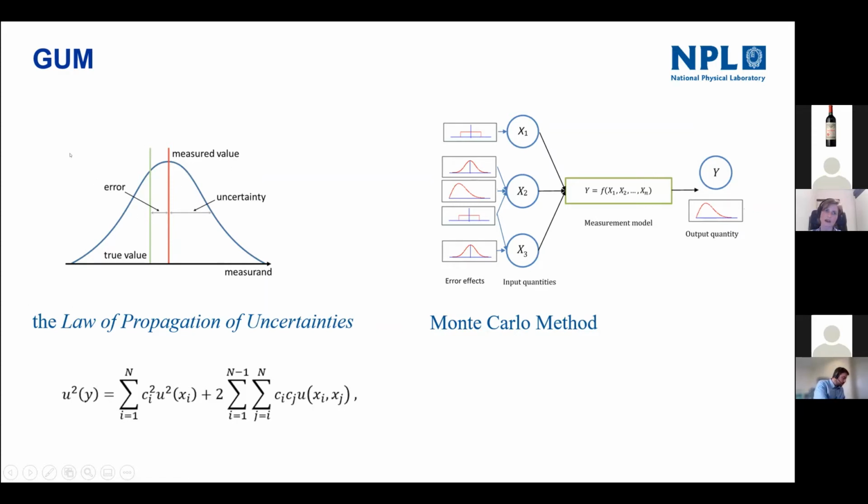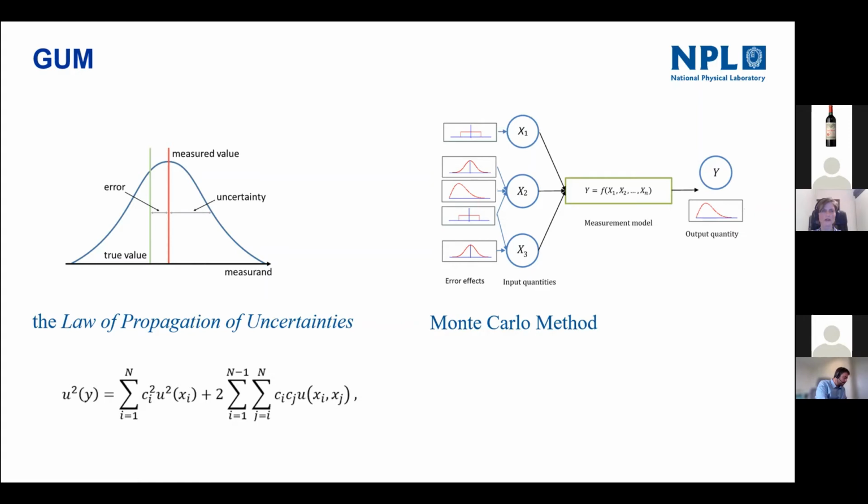And in the GUM, we have the law of propagation of uncertainties, which is defined by this equation, where the c components are called sensitivity coefficients, and they are basically the partial derivatives. And the x_i elements are various input parameters into the measurement function.